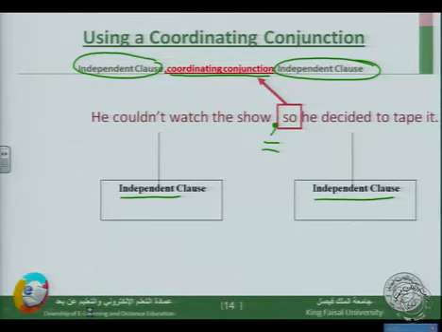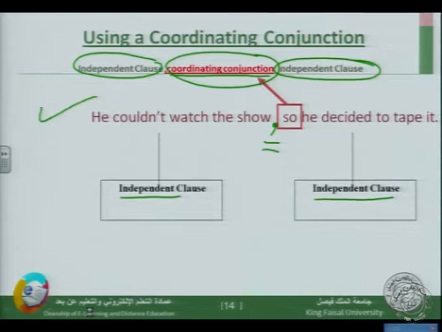And I want you to pay attention to this very interesting information, very interesting rule. Now what is the function of the conjunction? It doesn't only connect one independent clause with another, but also it helps us to balance this sentence.